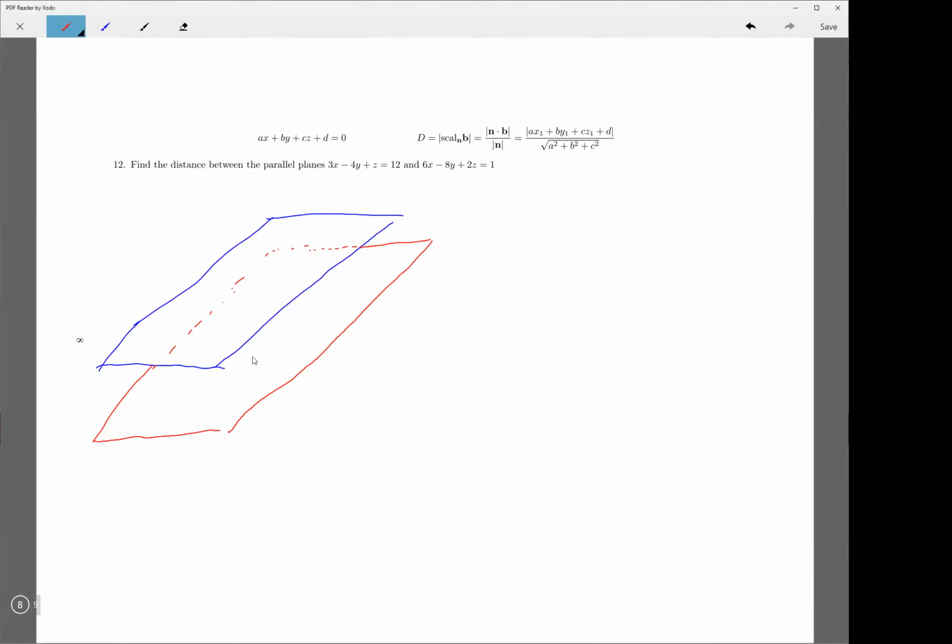And so you have a point up here in this plane, and another corresponding point which could be the projection of that in this other plane. And you want to know what this distance is. So we want to know what's this distance right here between the two planes.